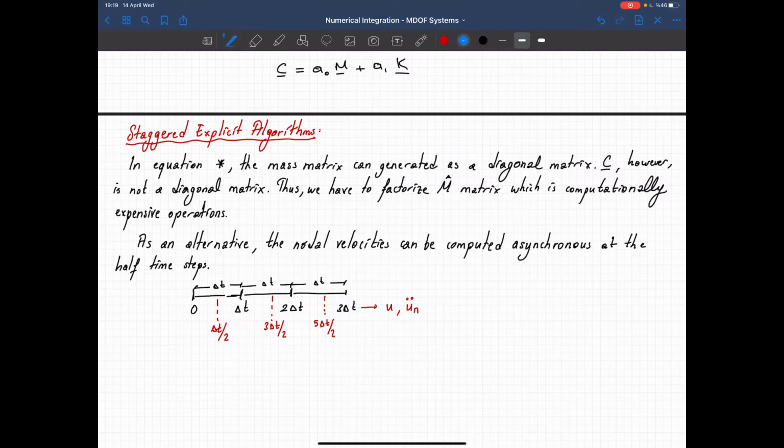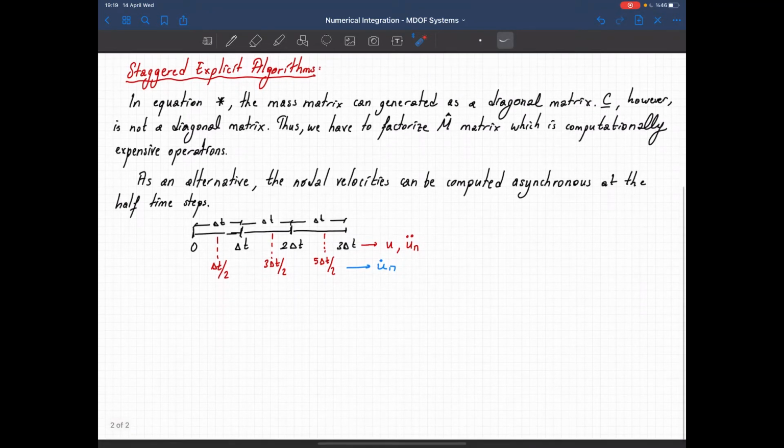So at the half time steps, we will be computing the nodal velocities, and from these nodal velocities we can calculate the displacements or the accelerations by using the central difference method.